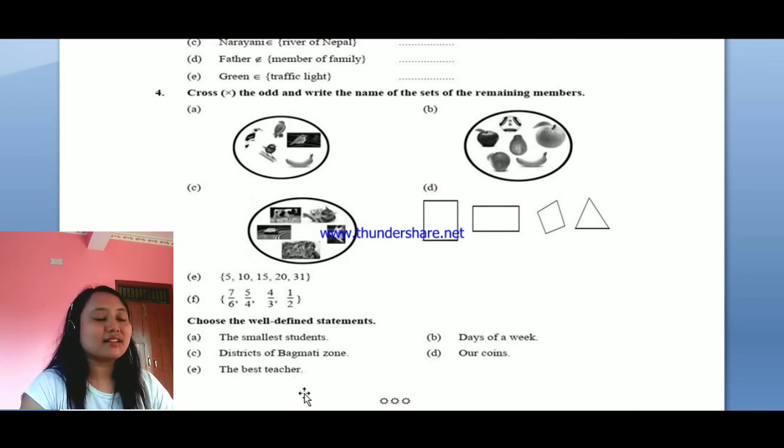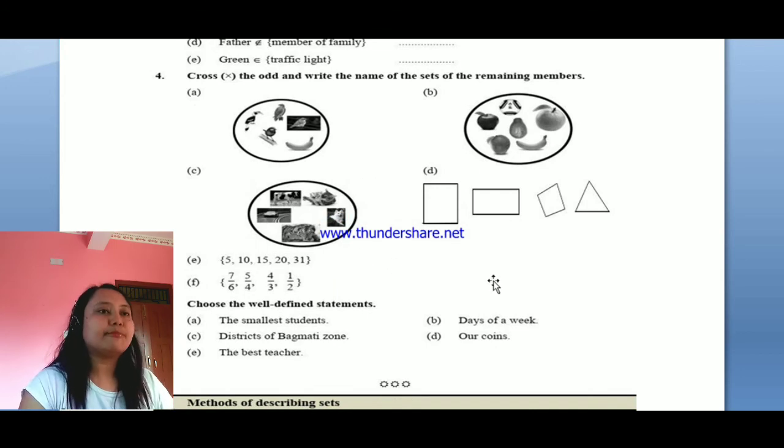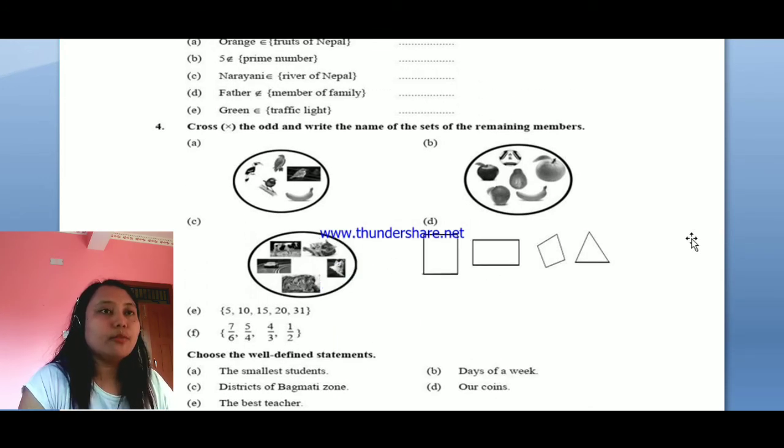Either the best teacher of your school, or the best teacher at your tuition classes, or the best teacher of your hostel, so it's not defined. It's also not a well-defined statement. This is all about the exercise of 8.1, and I hope you have understood. Now we'll be doing the classwork also.